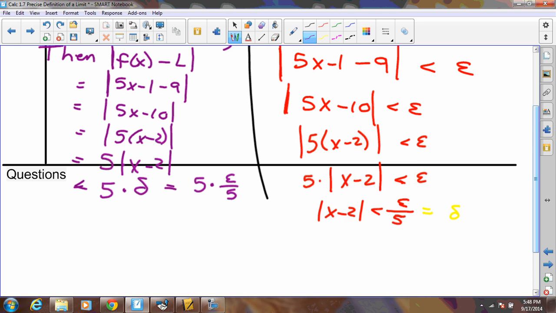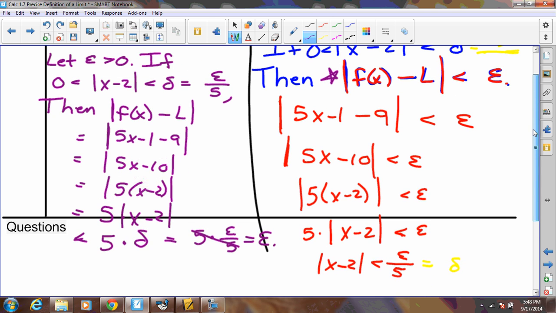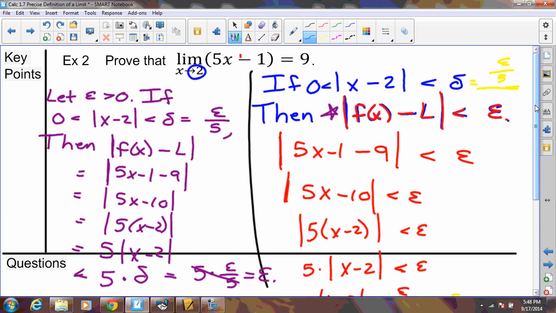Well, we multiply by 5 times 5. Those cancel, and we get equals an epsilon. No matter what number they give us, if we take the number and divide by 5, we can get closer on the x-axis than we want, as close as we want.